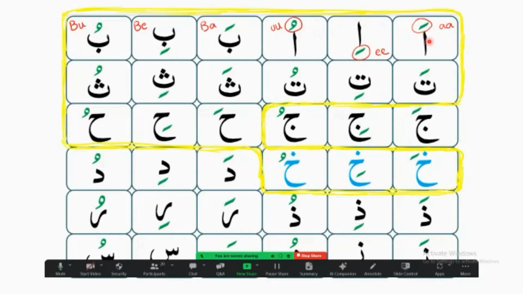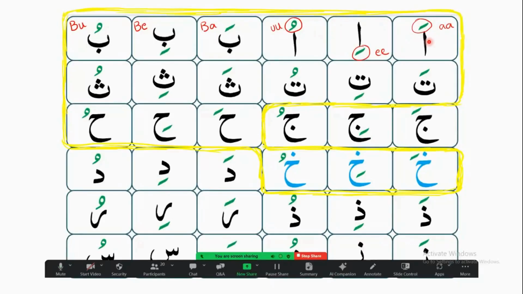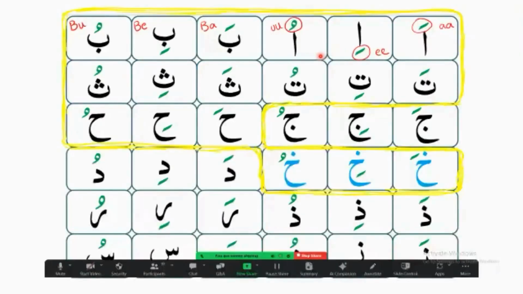The articulation of the letter depends very much on these symbols in Arabic, right? So the complete sound of the letter comes when we look at these short vowel symbols on the letters. For example, here we make the sound of this hamza as a, e, u.